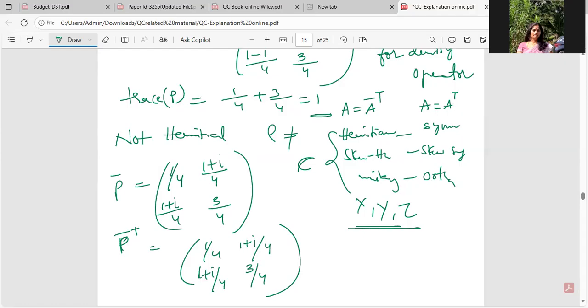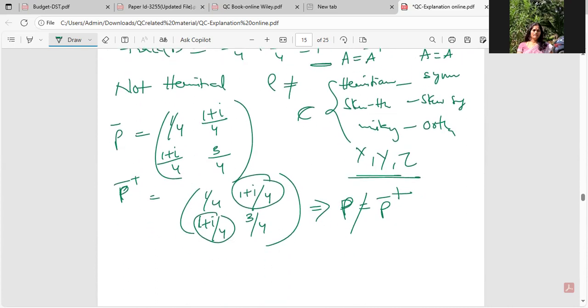So here what am I getting? Rho is equal to rho conjugate transpose. Yes, sir. No. Why? Because see the complex numbers. In the imaginary part there is a negative sign, here it is a positive sign. So rho is not equal to rho conjugate transpose.